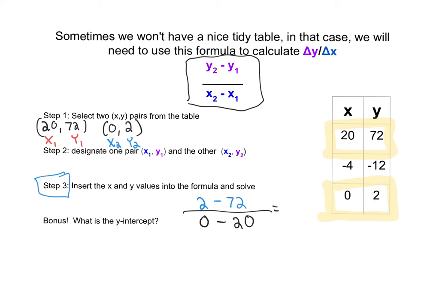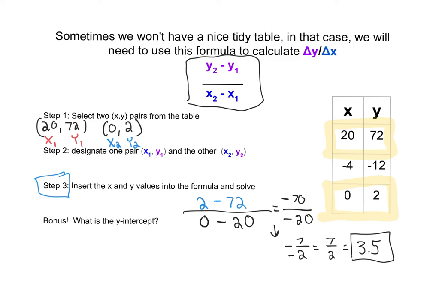And I'm going to end up with negative 70 divided by negative 20. Drop that down. That's going to simplify down to negative 7 divided by negative 2, which is a positive 7 halves, which is also equal to 3.5. So my slope is 3.5.